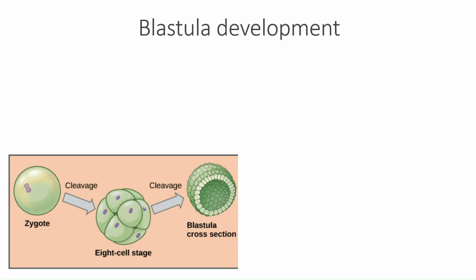Okay, so that was a lot for you to take in all at once. So let's go through this stepwise, all right, with the blastula development. After zygote formation, which is the very first cell you see here, development directly proceeds with cleavage, which is a series of rapid mitotic divisions of the zygote. So it's not meiosis taking place here, it's just simple mitosis where the cells are dividing.